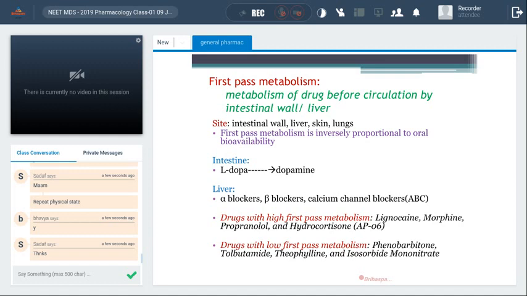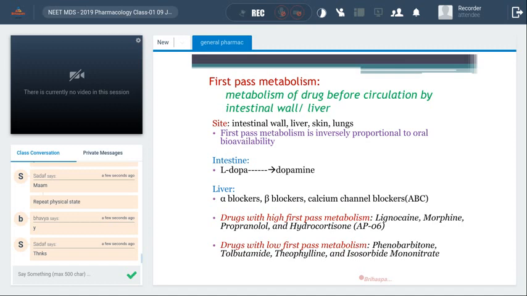Okay, this is different from the metabolism that happens after distribution. So ADME, what we saw, that metabolism is completely different from this. That is proper metabolism, and this is first pass metabolism, which means before passing through the systemic circulation, what is the metabolism that is happening?